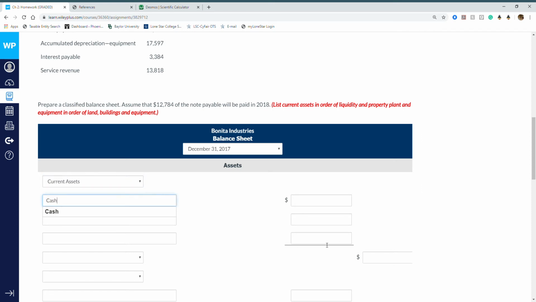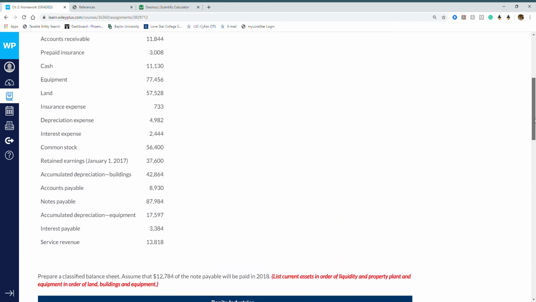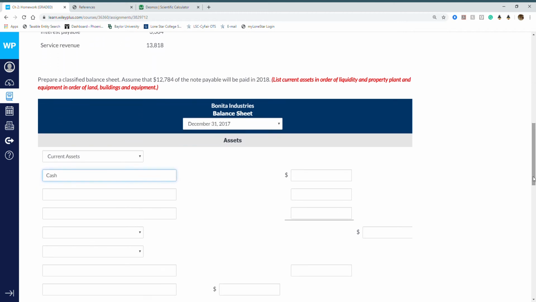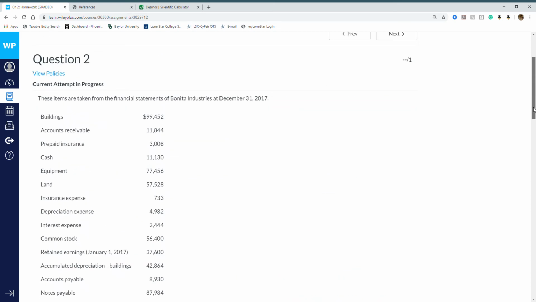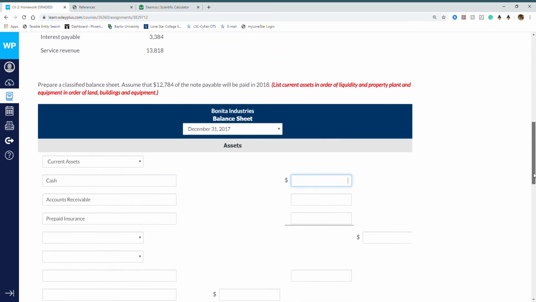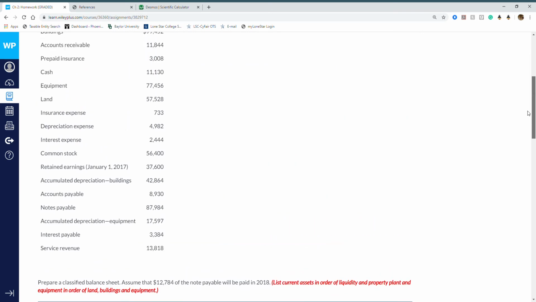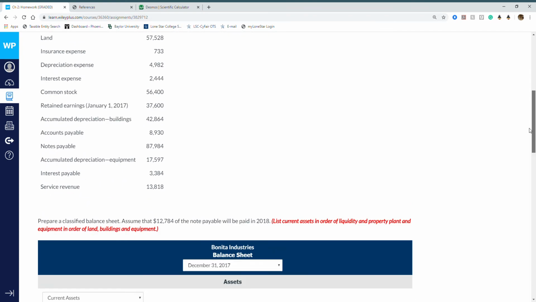Cash is number 1. This time we only have 3. So we know we have cash, accounts receivable, and prepaid insurance. Well, if you want to reference back to the book, we saw that prepaid was at the end. So we're okay with that. Cash was $11,130. Accounts receivable was $11,844.